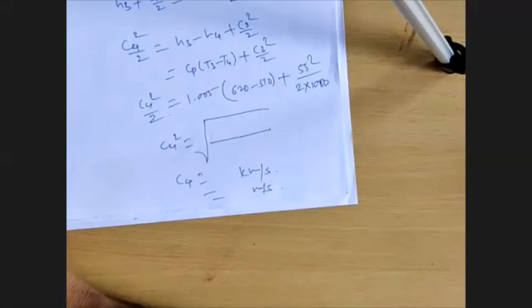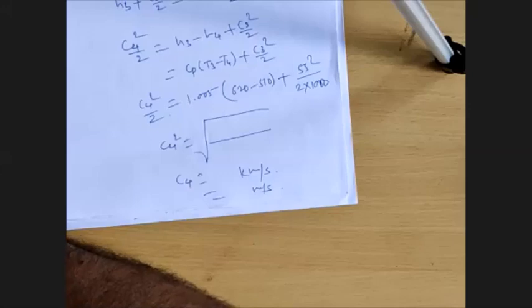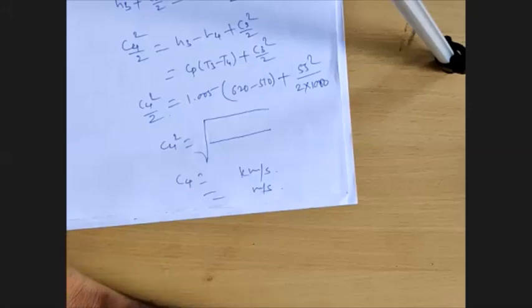If anybody got this answer in 1 minute, you can post it in a chat window or unmute yourself and tell me the answer. If you don't get it in 1 minute, after the end of this session, you are supposed to take picture of your notebook and send it to me through WhatsApp. So in that picture, the value of C4 has to be there.